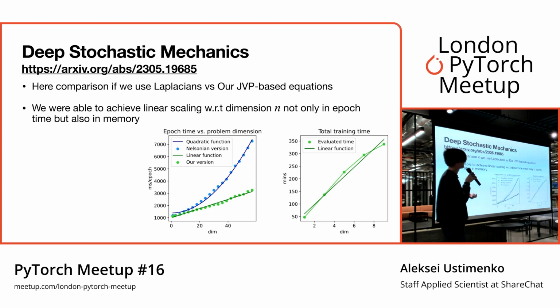We also compared not just how one epoch scales, but how long it takes to get our loss below some epsilon value, and that also scales linearly. So this is quite huge for simulating quantum physics, because it allows scaling to thousands of electrons potentially without being cursed by dimension-related problems that appear in classical solvers or in physics-informed neural networks that use a Laplacian.